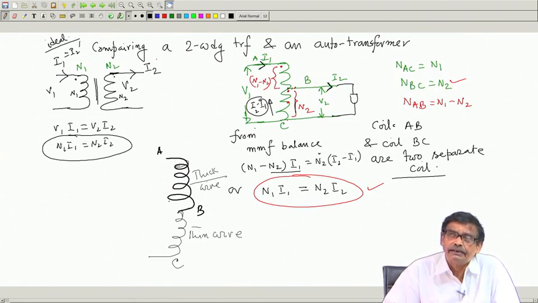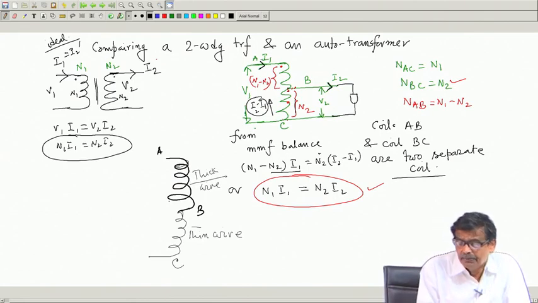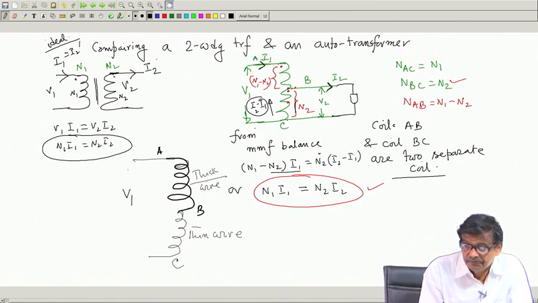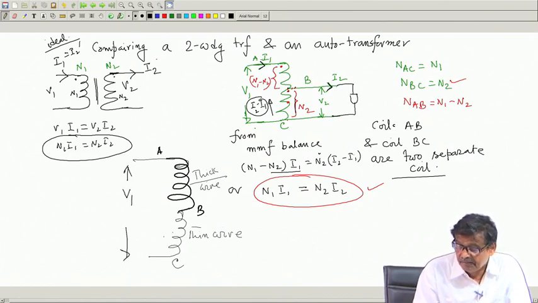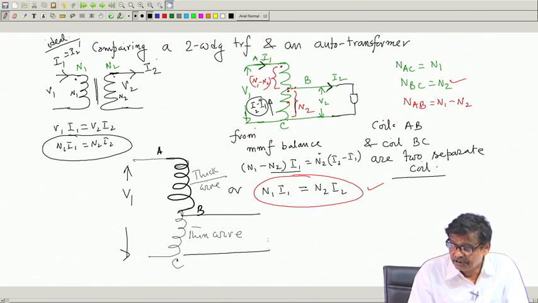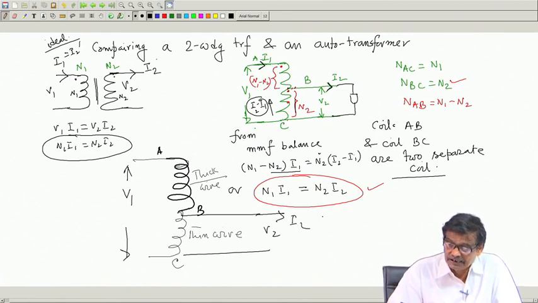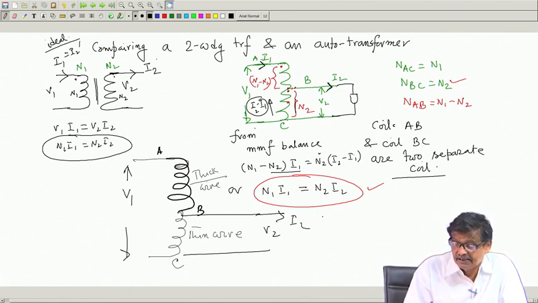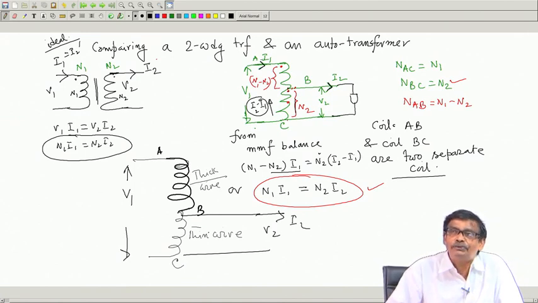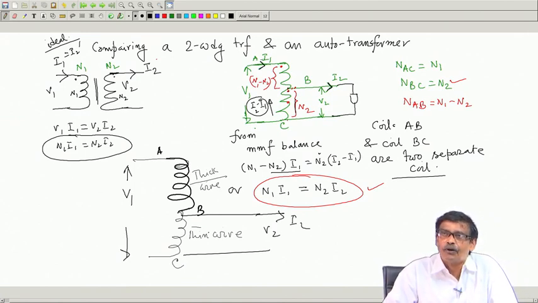Therefore, it looks like I will be transforming a voltage V 1 to a voltage V 2 and it will deliver a current I 2, no doubt it will deliver the same volt ampere it is handling, but it looks like you will be able to save some copper volume.